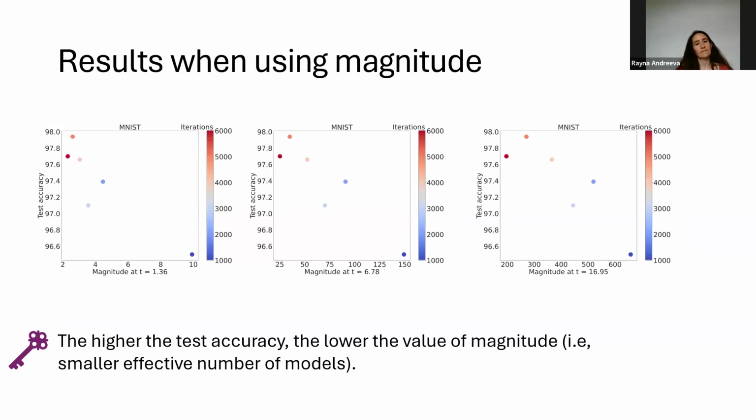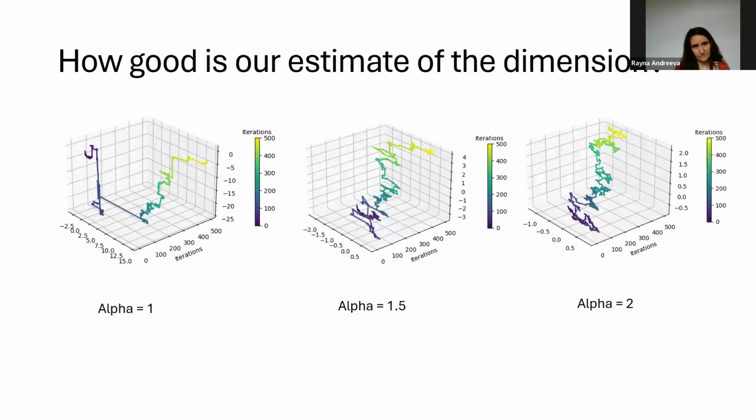What we observe is that consistently across multiple scales, the better models, or the models with better generalization, have a lower value of magnitude. This holds across the different scales of t. If we rephrase this in terms of the original intuition of magnitude capturing the effective number of points, here magnitude is capturing the effective number of models. So the smaller this number, the better the generalization.